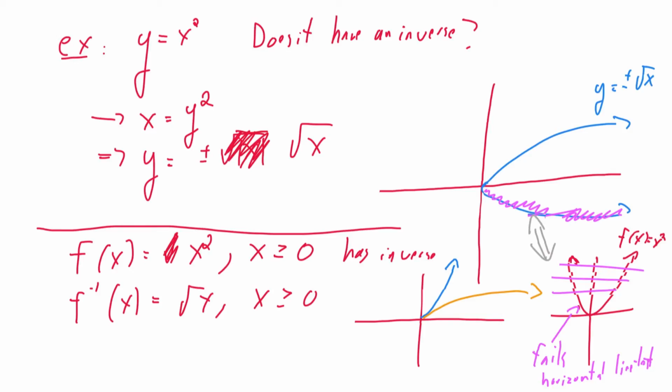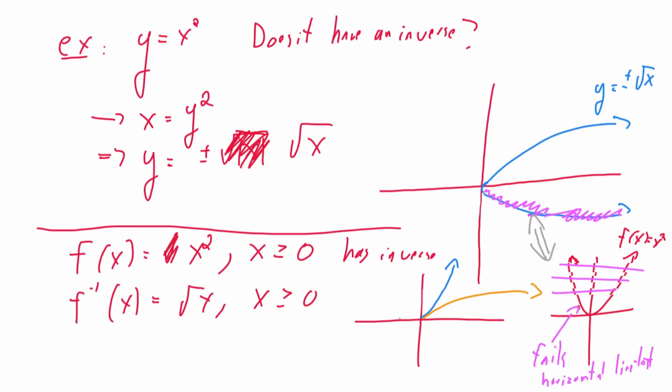Essentially, having the horizontal line test be passed on the function guarantees that what you think its inverse should be is actually a function, that it itself will pass the vertical line test. And again, if we look back at our plot, we see that this parabola f of x equals x squared fails the horizontal line test, which means its sort of natural inverse fails the vertical line test. But if we cut off the domain of x squared, then we get a unique inverse function.